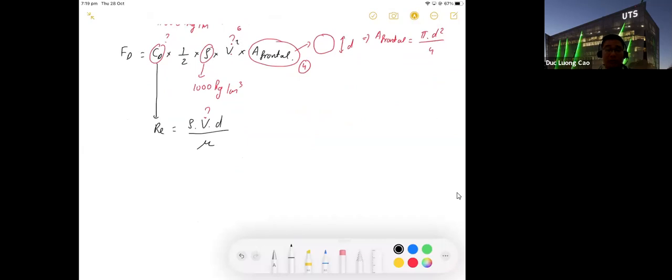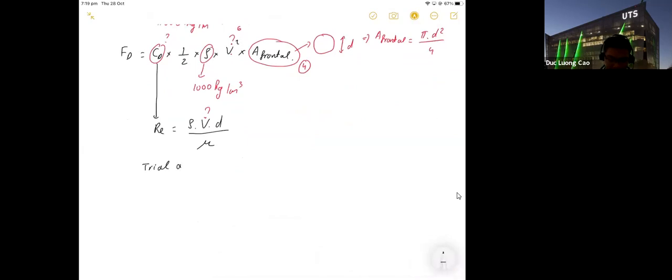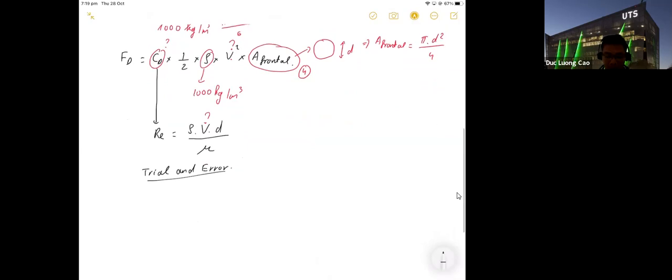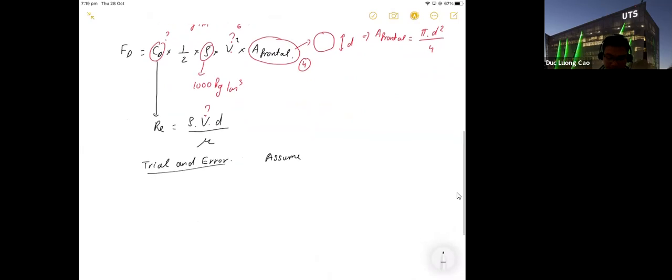This one you can use in all conditions: the trial and error method. Trial and error means you assume a value for CD, for example a random one such as 0.2.